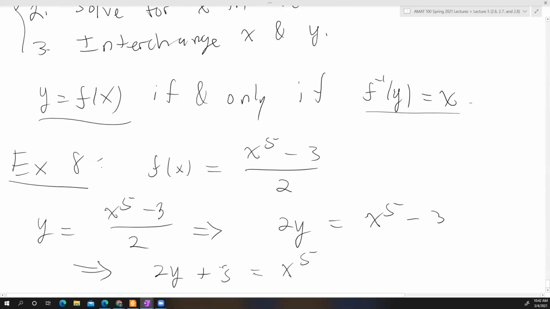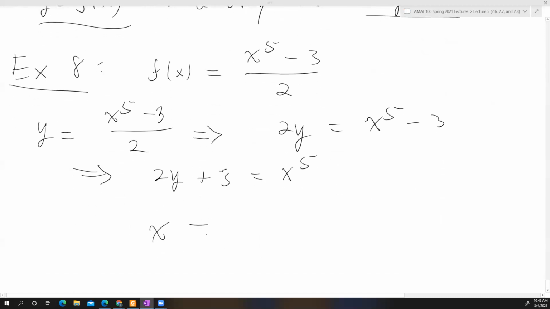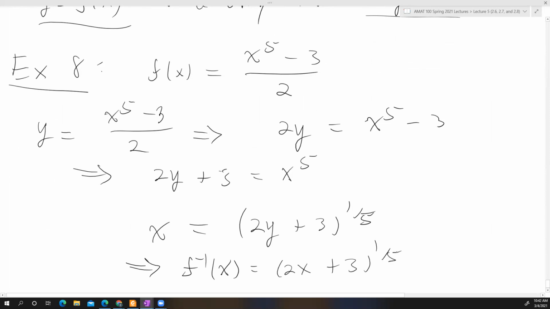And then I'm going to take the 5th root of both sides, and then I'll get the following. And so when you interchange x and y, you get the inverse. So f inverse of x is equal to (2x plus 3) to the 1/5.